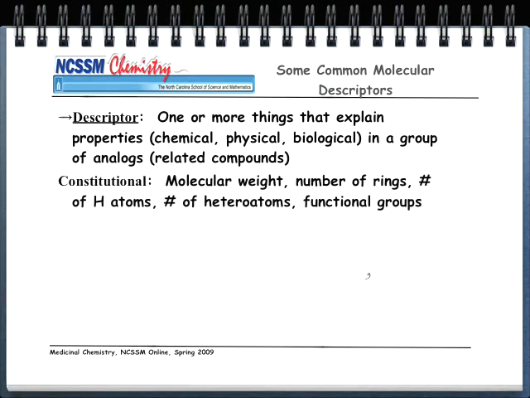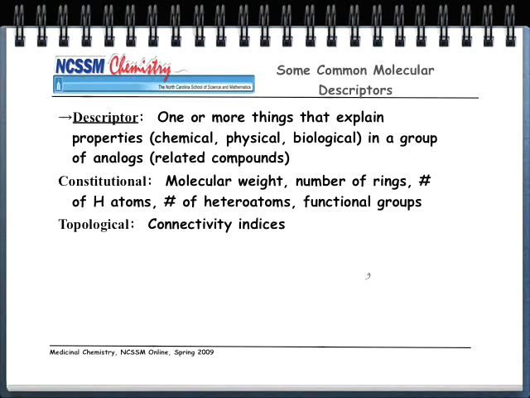So there are a number of things, and you've experienced some of these already in some of the previous labs. There are some descriptors we call constitutional, such as molecular weight, the number of rings, the number of hydrogen atoms, the number of non-hydrogen atoms or heteroatoms, and the type and number of functional groups. These would all be examples of constitutional descriptors.